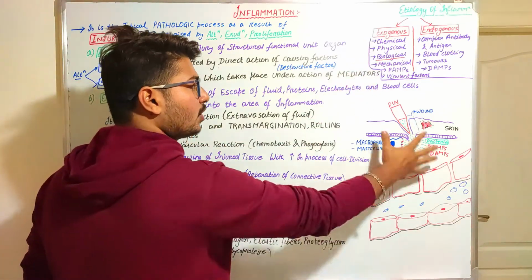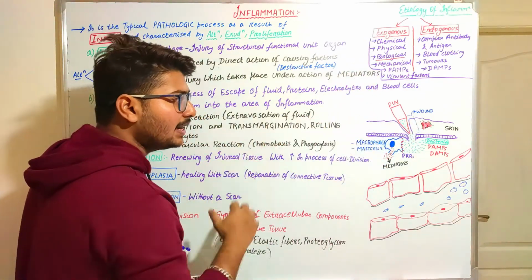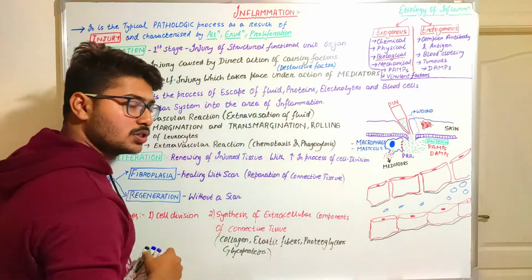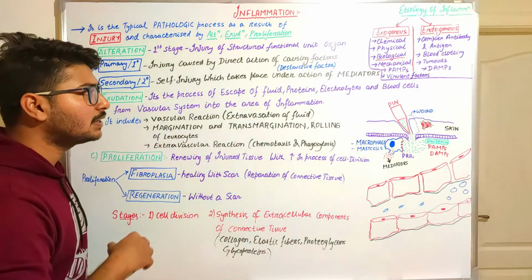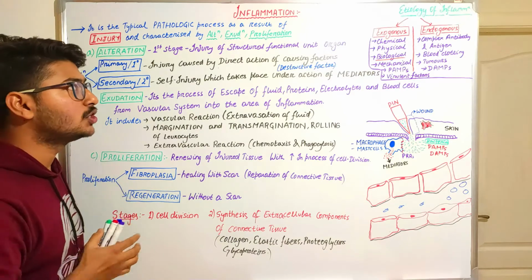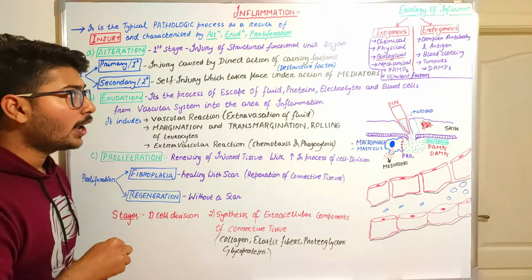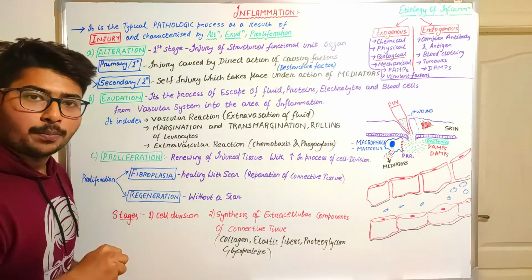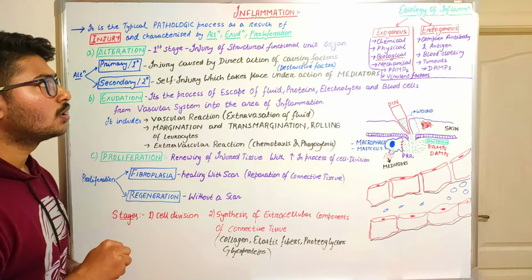And here I have drawn a small diagram to explain the process of inflammation. So this is nothing but a small introduction to inflammation. Okay, so let's start our topic, inflammation.